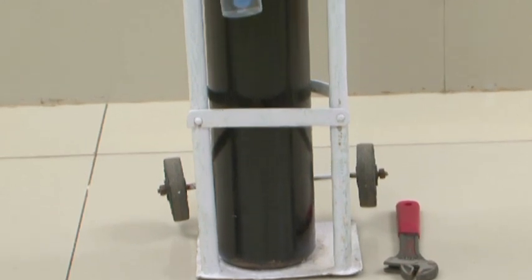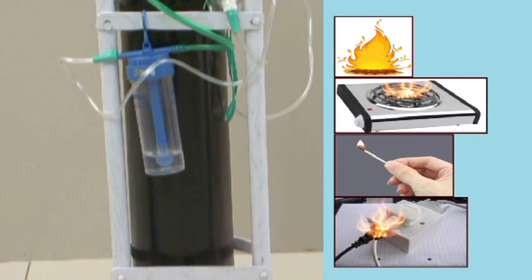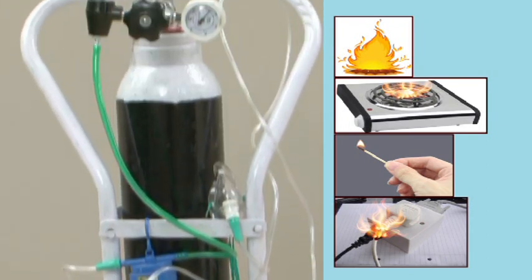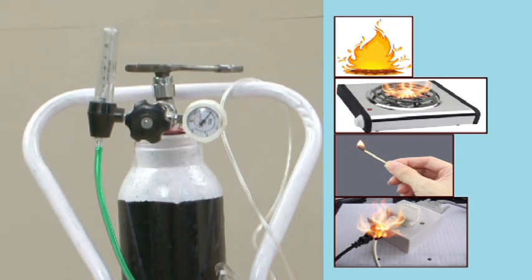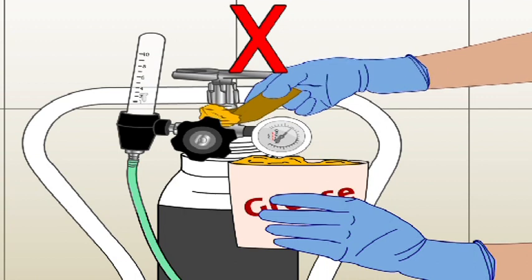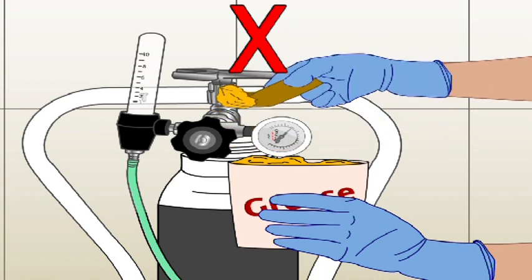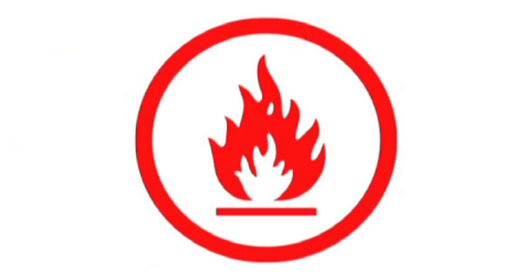Troubleshooting. Please remember always that oxygen is highly inflammable and as such should be kept away from any fire or potential fire sources. Never use any oil or grease to lubricate the joints, as this may create a fire hazard.